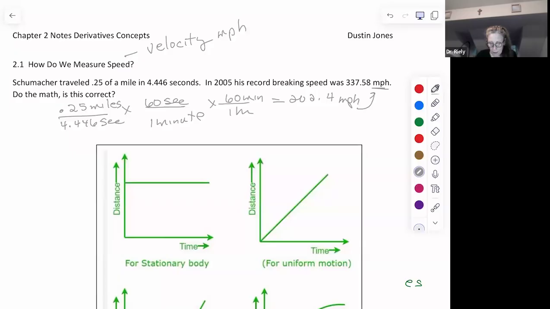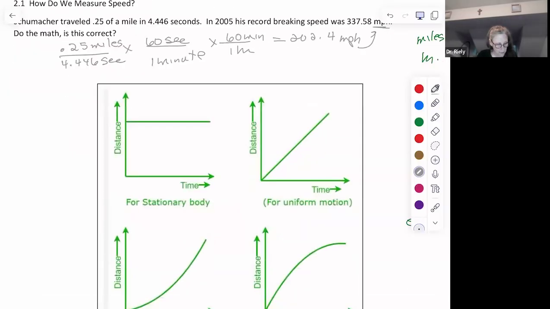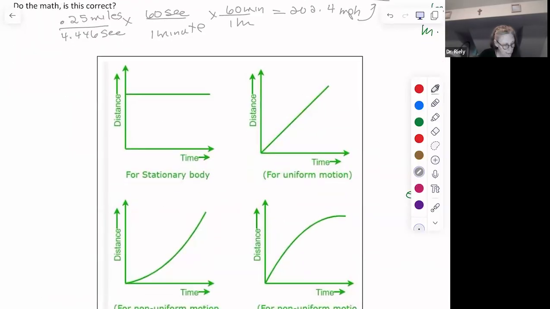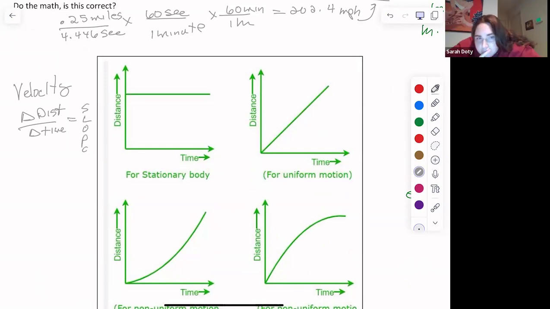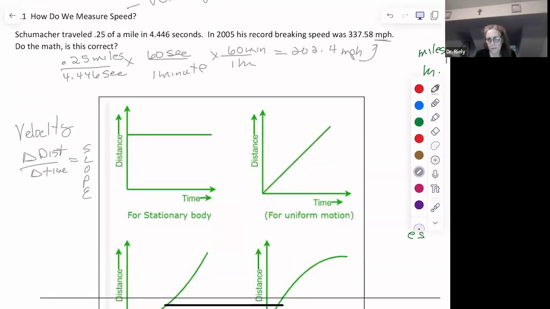So then they give you these graphs. So if you know that velocity is just the change in distance over the change in time, then it's just slope. And so if you look at the first one, you can see the slope is clearly 0, right? So this slope would be 0.